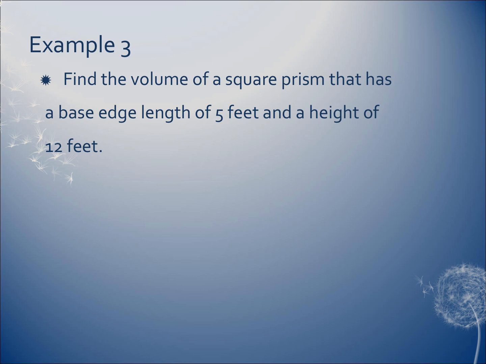All right, let's check out the next example. Find the volume of a square prism that has a base edge length of 5 feet and a height of 12 feet. Were we given a picture? What do you think I'm going to do? Draw a picture. So draw the best square you can, and draw that same square a little bit further down.